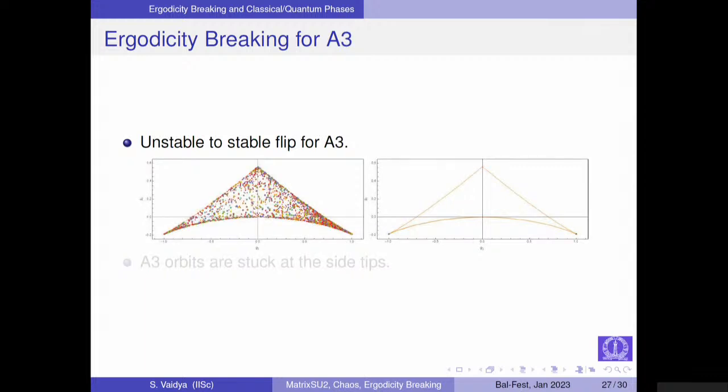It's the same thing for A3, except that for the A3 orbit, when you choose the energy in the energy band, it is stuck at the two tips, this tip and this tip. So it can be at either of these tips, but it cannot be anywhere else.